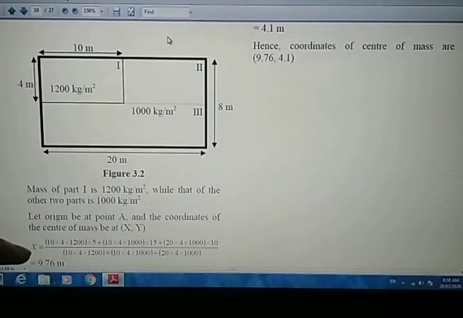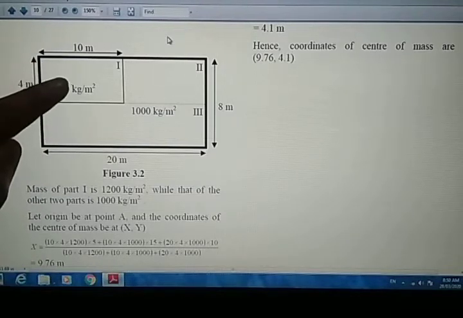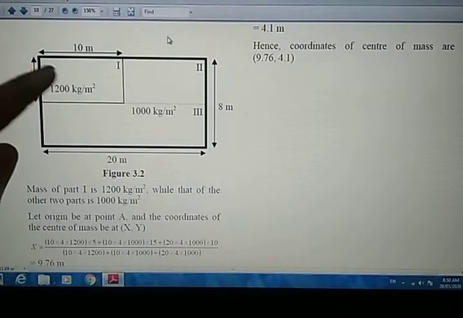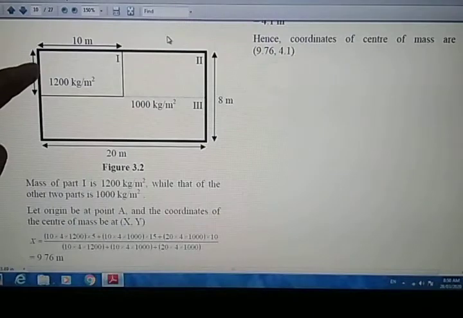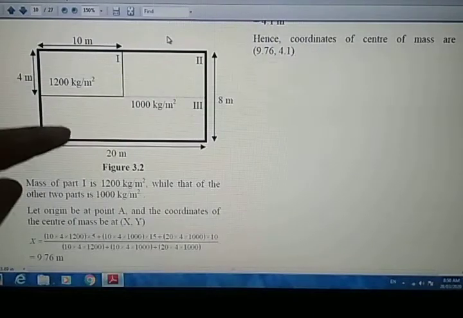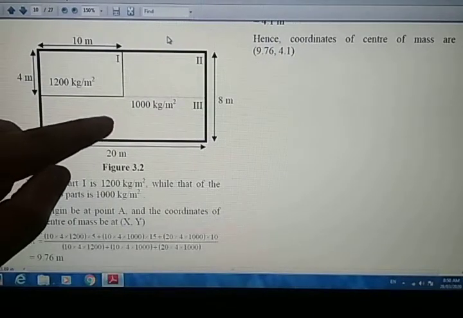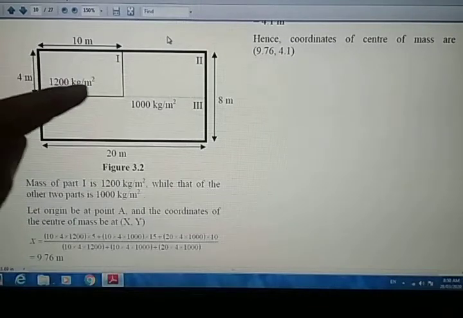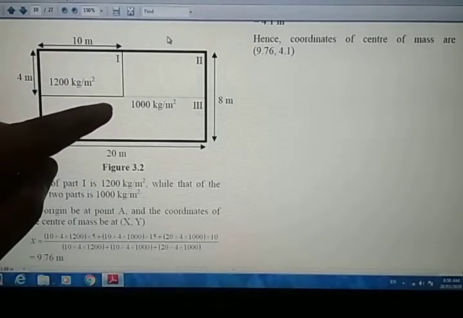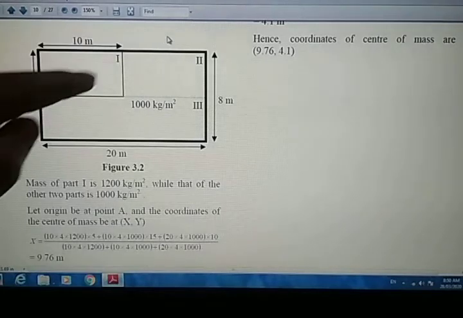All dimensions we are taking from this origin. So x we can calculate. As you know, the formula for the center of mass is m1 x1, that is the mass of a particular section multiplied by the distance x1 of its center of mass, and so on for the remaining.